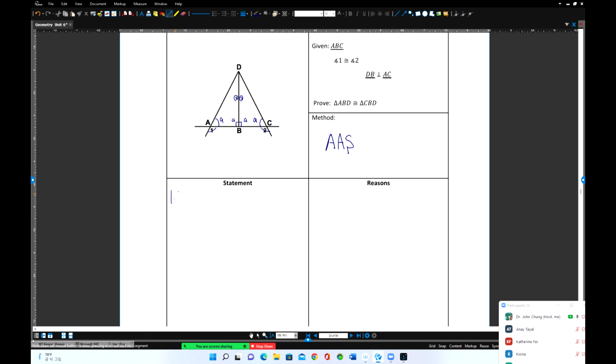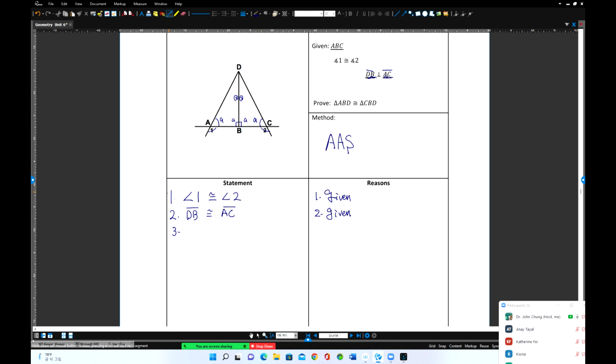So over here, angle 1 congruent to angle 2. That's a given. I'm going to write the givens first. DB congruent to AC, that's given too. Do you want to do reflexive first or right angle first?